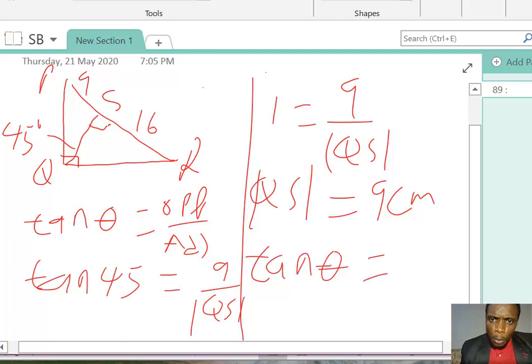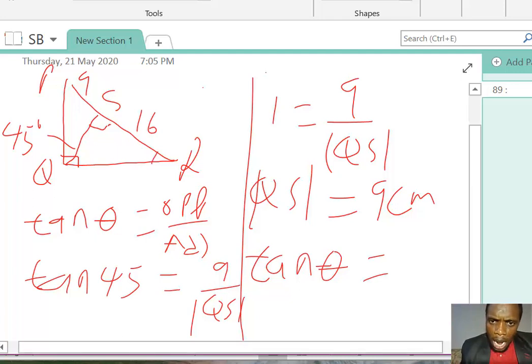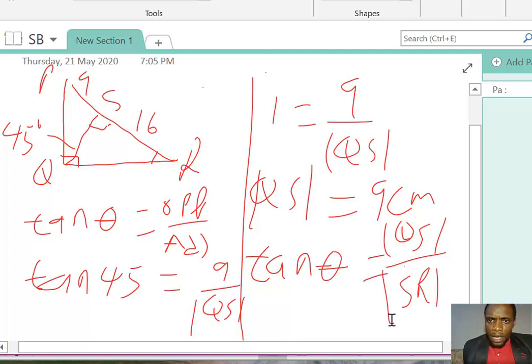Theta will now be equal to what? The opposite is now opposite to angle QRS, which is QS, all over SR. Don't forget that we have SR, and we have QS as well.